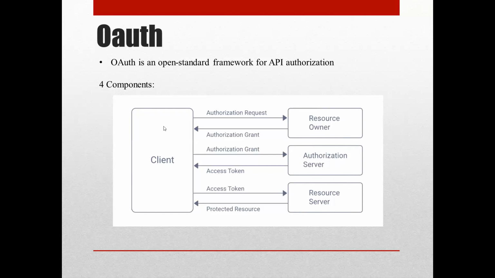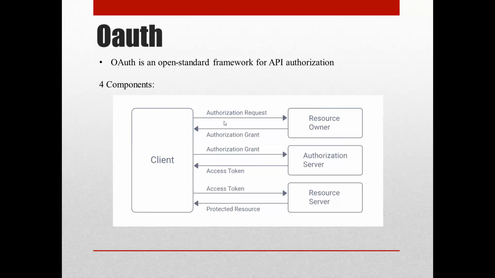Let's take an example, like LinkedIn and a Google account. Okay. So a client means a resource owner is nothing but a user. If I am the user, I want to log in into the particular LinkedIn account, but I don't have the LinkedIn profile or have already created it.